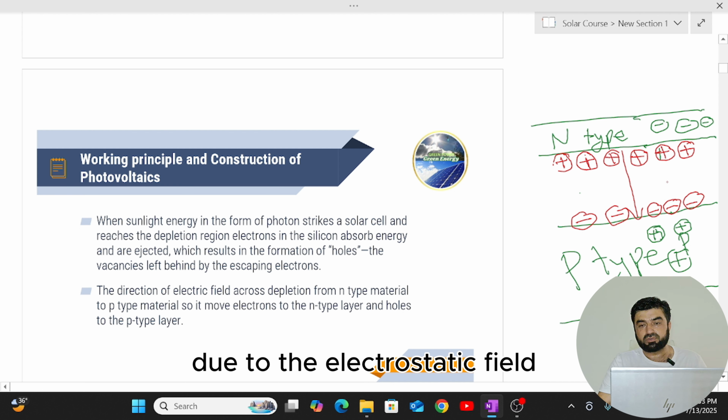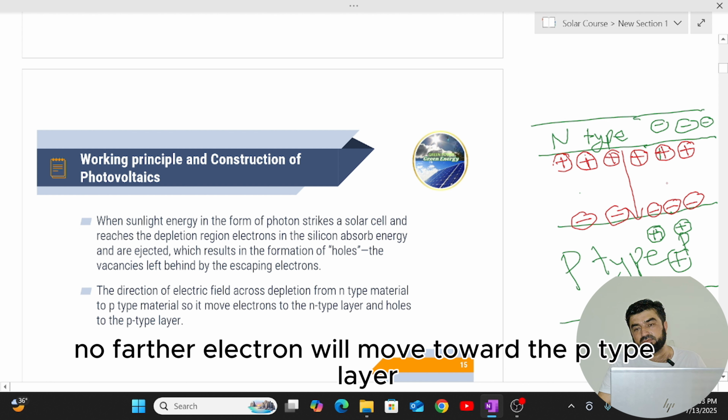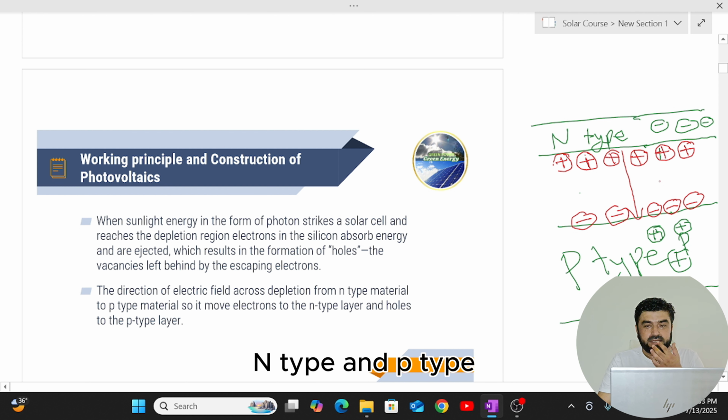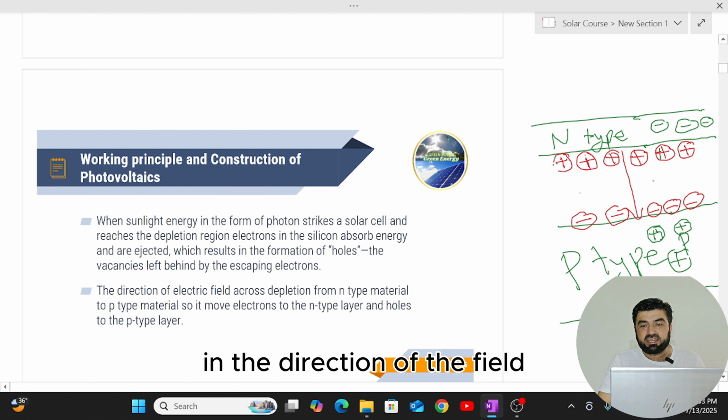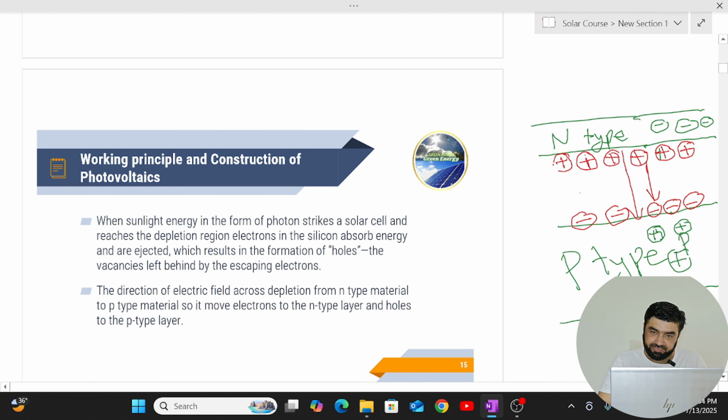Due to the electrostatic field, no further electrons will move toward the P-type layer, and a field is developed between N-type and P-type. The direction of the field will be from the N-type to P-type.